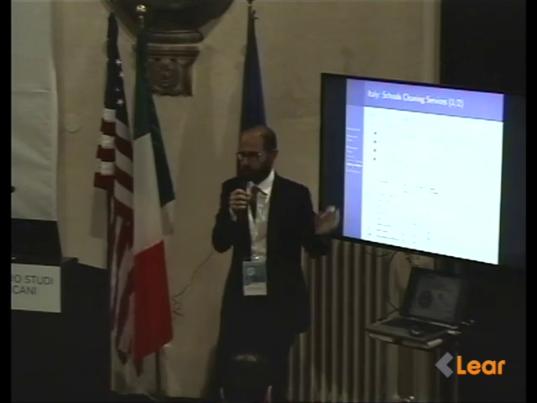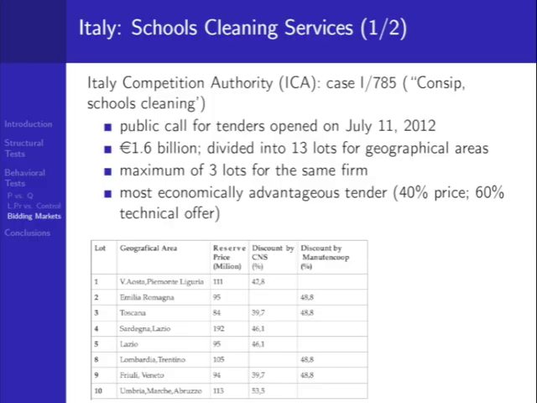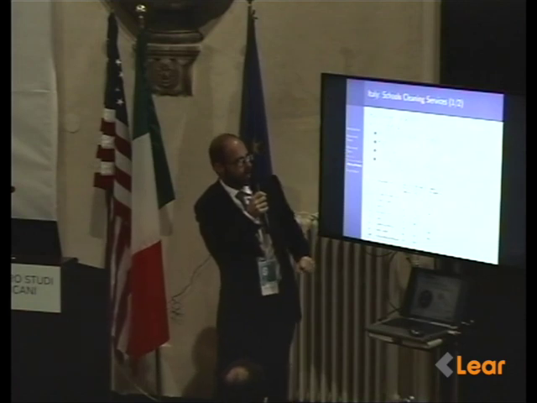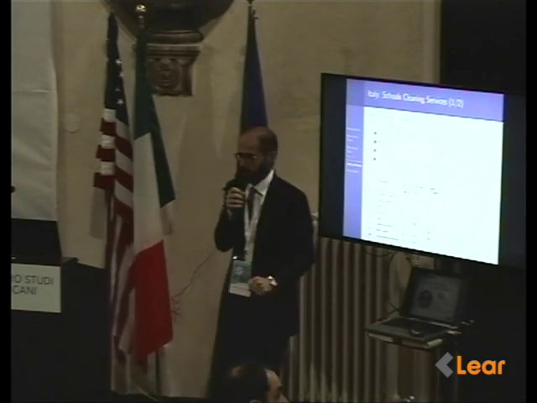So here, as promised before, is the recent case from the Italian competition authority that applied tests to understand whether collusion was likely in a certain market, and then indeed they found it. So what happened? This is Italian competition authority case I-785, Consip school cleaning.